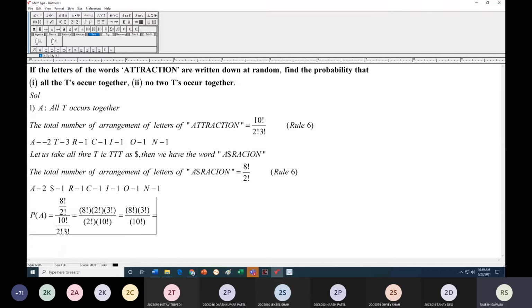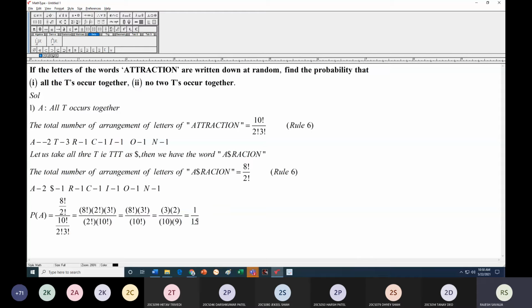Divided by 10 factorial, what is your answer? 8 factorial divided by 10 factorial. It will be 10 into 9. Am I right or wrong? 10 into 9, and 3 factorial is 3 into 2. What is the simplified form? 3 cancels. 1 by 15.